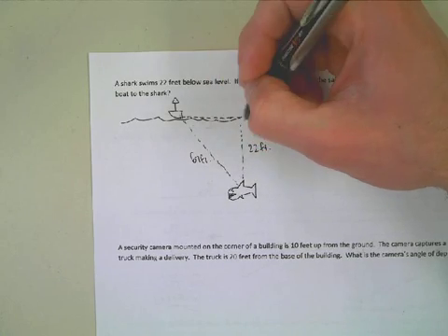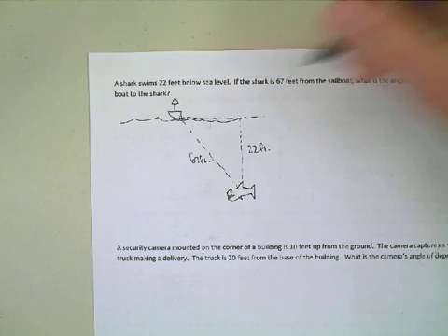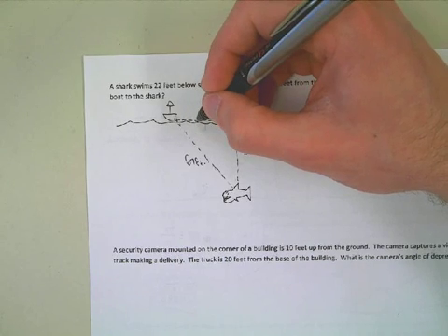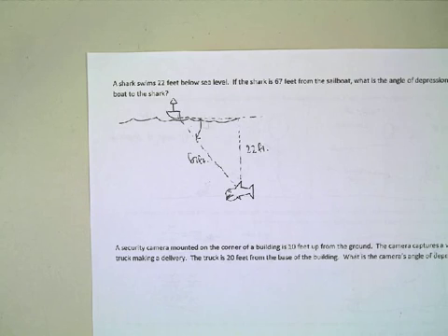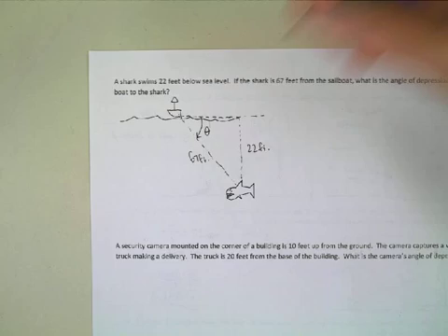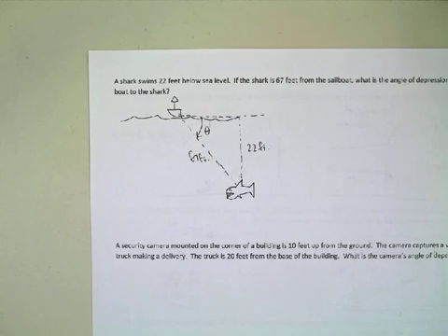There's our angle of depression. We want to know what this angle is. I'm going to call it theta, T-H-E-T-A. We want to find this angle, and this is a right triangle.